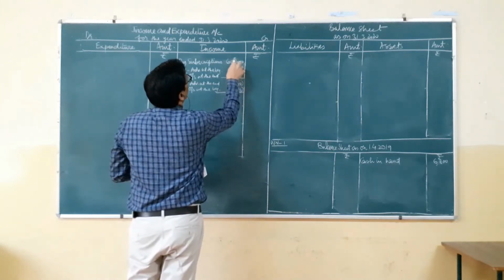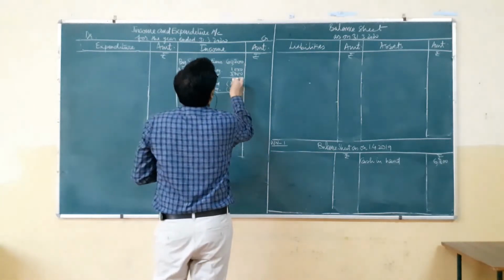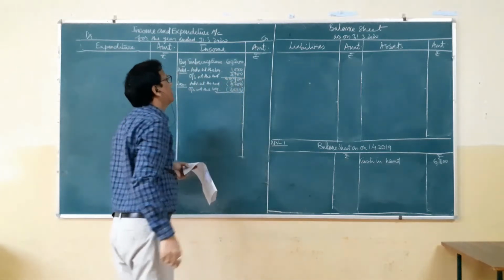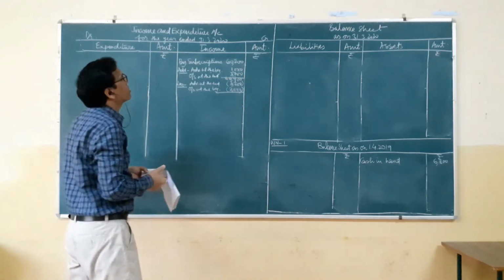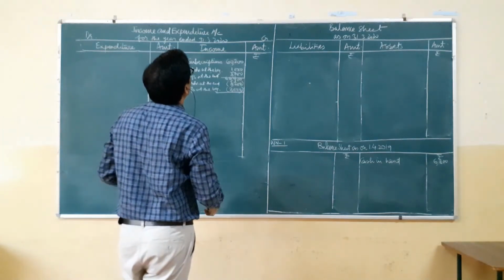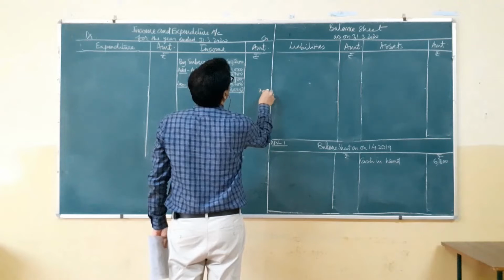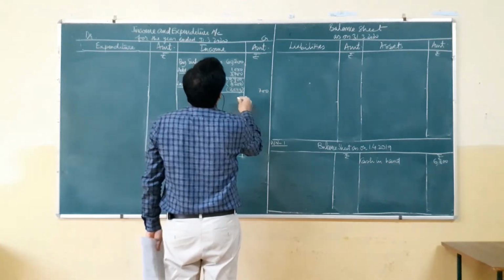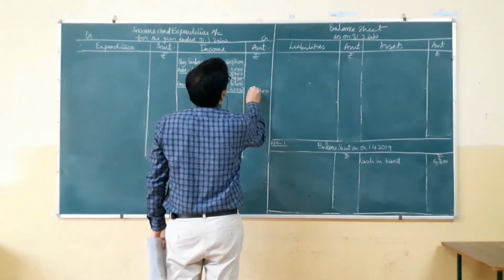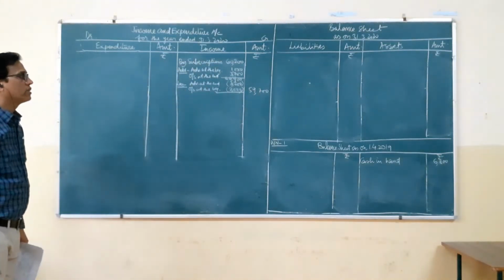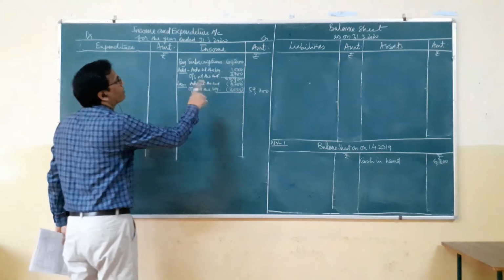So take the total of these three. 64,900. Out of 64,900 we have to subtract 5,200. So 9 minus 2, 7, and 14 minus 5, 9. So it is 59,700. So subscription income for the year is 59,700.